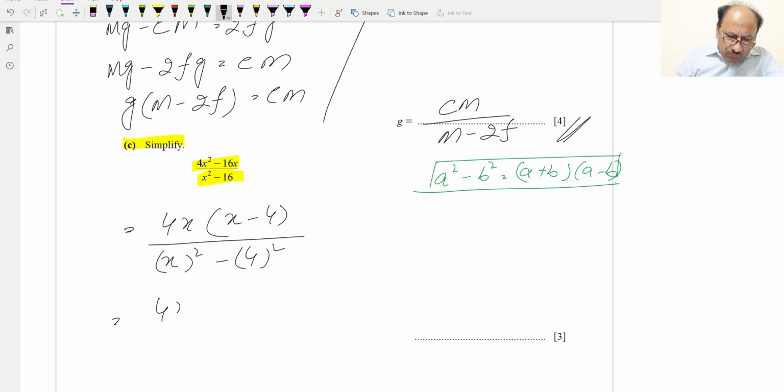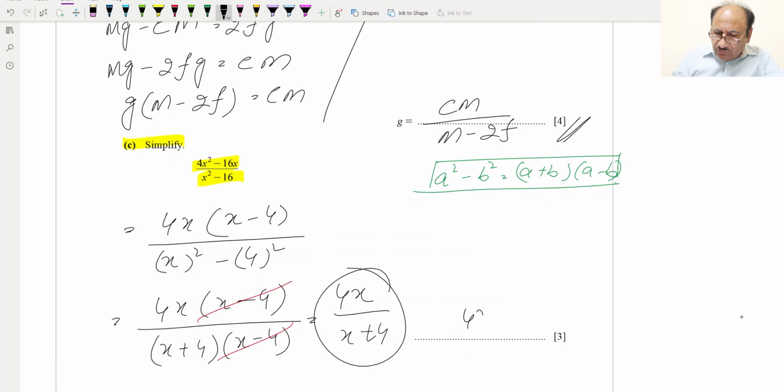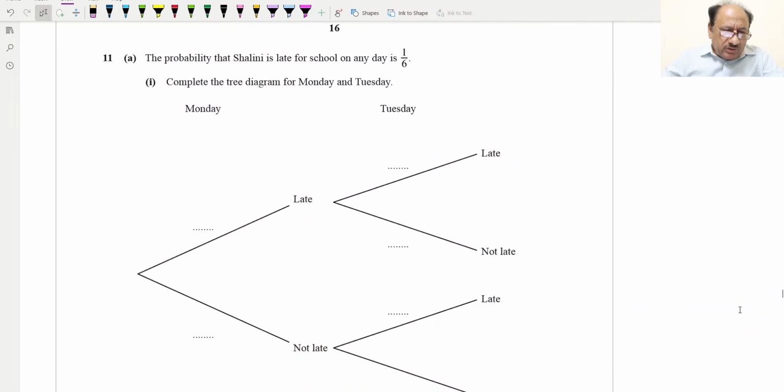So this will be 4x into x minus 4 over x plus 4 and x minus 4, and you can cancel these two, and we will get 4x over x plus 4. This will be our final answer, which we can write over here. Hopefully you understood each and everything. Now we can move to question number 11, and question 11 is a probability question.